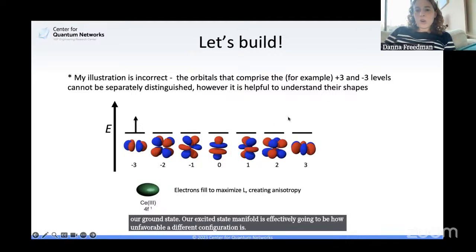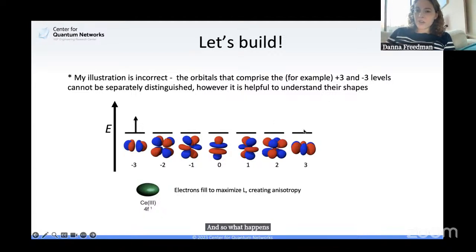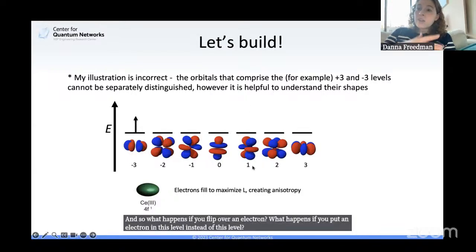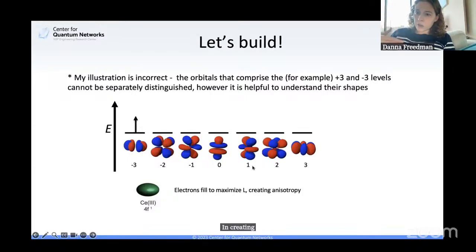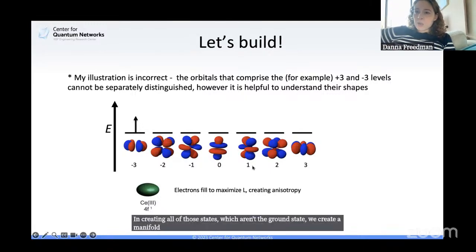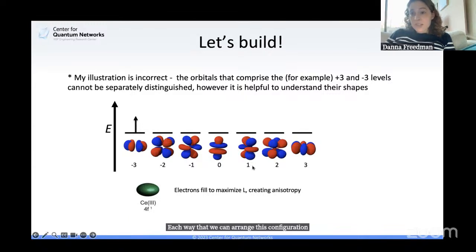And so what happens if you flip over an electron? What happens if you put an electron in this level instead of this level? In creating all of those states, which aren't the ground state, we create a manifold of other states, and that's what enables our optical properties. Each way that we can arrange this configuration gives us another state that we can work with.